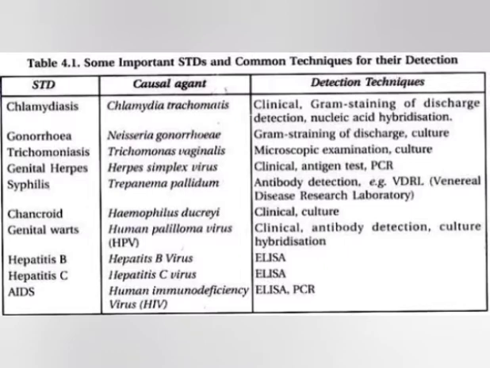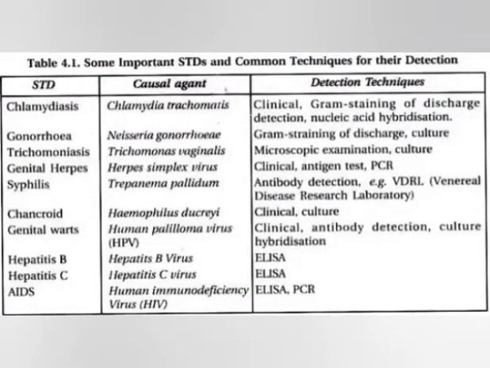The first sexually transmitted disease is chlamydiasis, and the causative agent is Chlamydia trachomatis. The detection techniques used are clinical examination, gram staining of the discharge, and nucleic acid hybridization.